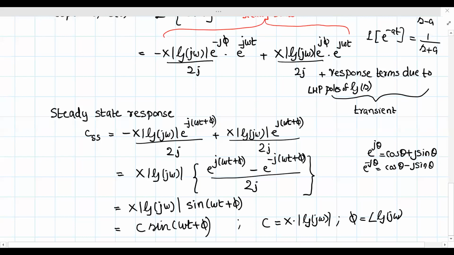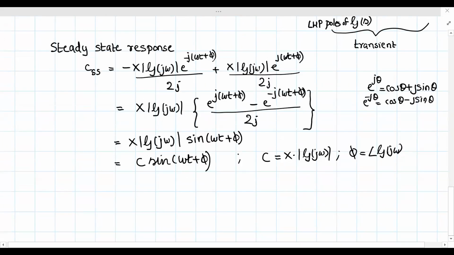So what does this mean? This means that for a stable LTI system, when you apply a sinusoidal input, the output at steady state is also sinusoidal. What was our input signal? Our input signal was X sin omega t. So the output is also sinusoidal.